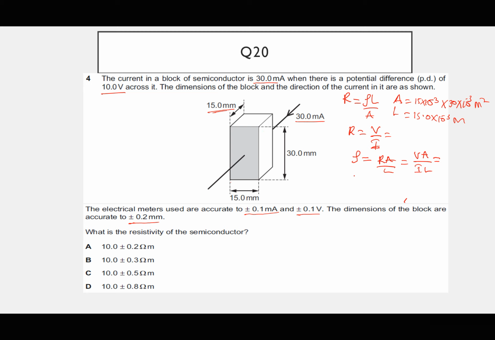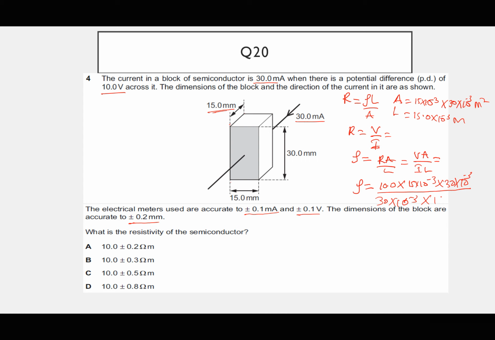So resistivity is going to be equal to V, which is 10.0, times cross-sectional area, which will be 15 times 10 power negative 3 times 30 times 10 power negative 3, divided by current I, which is 30 times 10 power negative 3 because it is given as milliamperes, then times the length of the section of the wire in the cube, which will be equal to this length here, because when the current is entering from the other side, the length of the wire in the cube is the same as this length here.